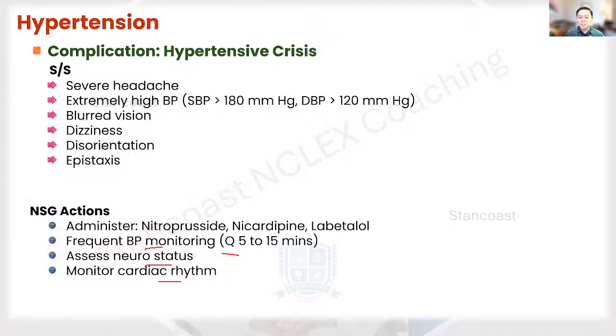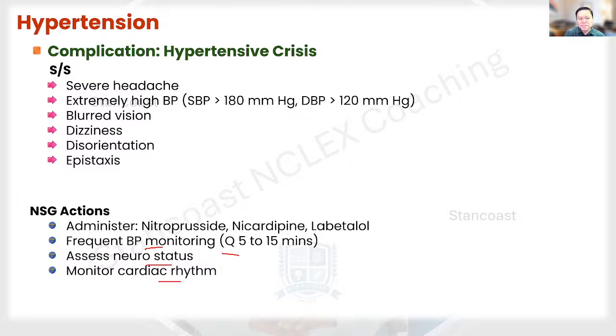Again, this will probably take a while before the patient will have normalization or stabilization of their blood pressure. And most of the time, guys, the treatment of the hypertensive crisis can be done in the med-surg setting.